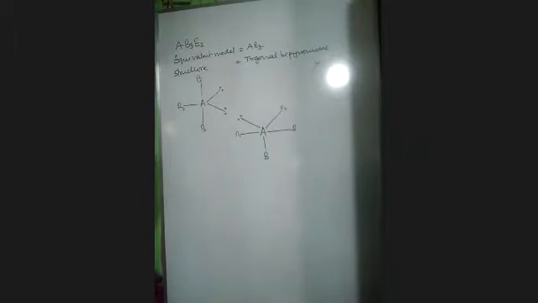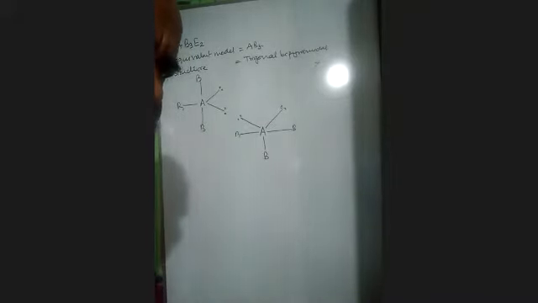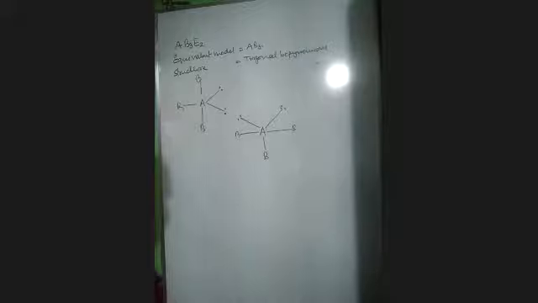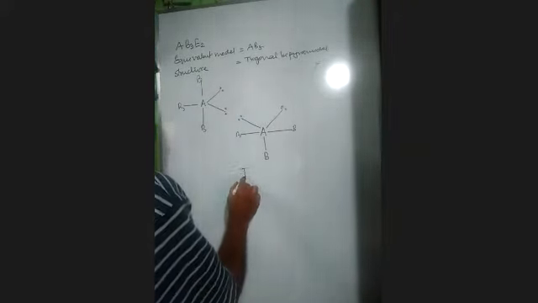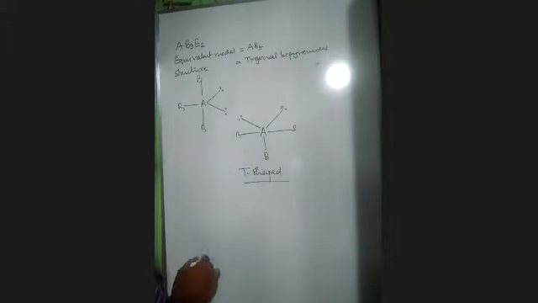Think of an English alphabet. Is there any V shape? How does it look like? Yes, this is called T shape.